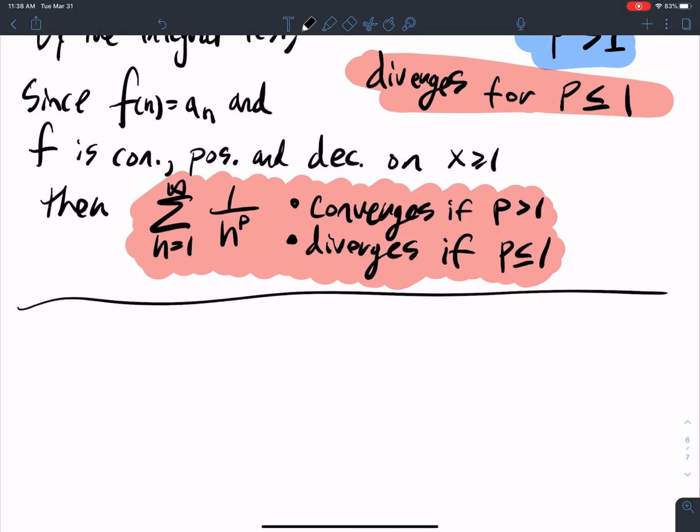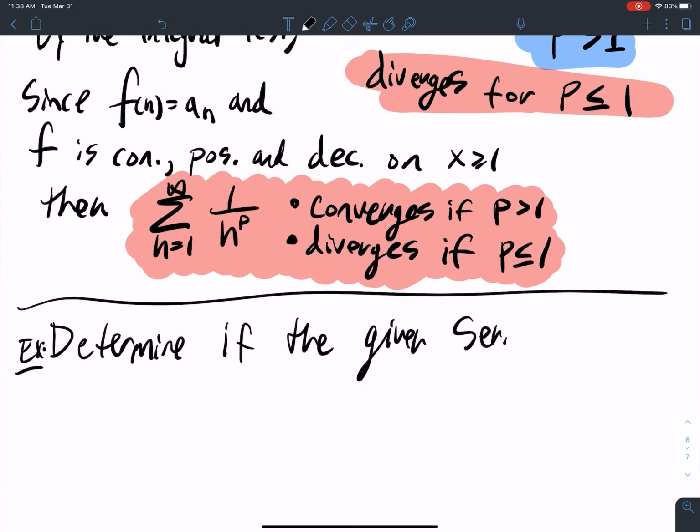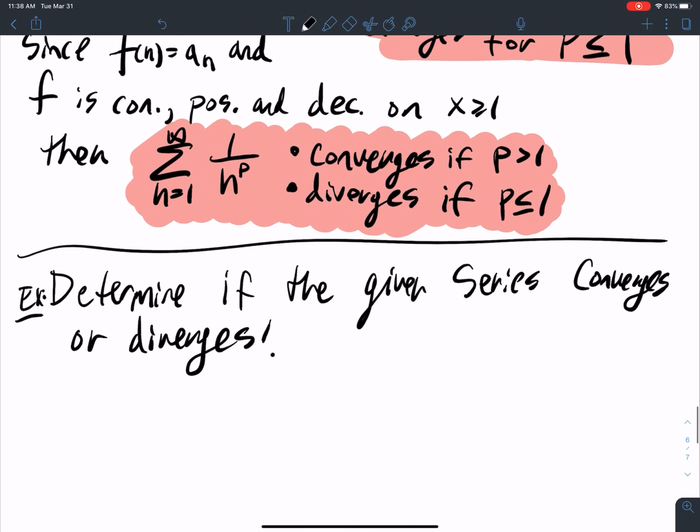Okay, very important. So determine if the given series converges or diverges. Okay. All right. Series n equal 1 to infinity, 1 over n squared. Well, let's show you how easy the p-series is to use.